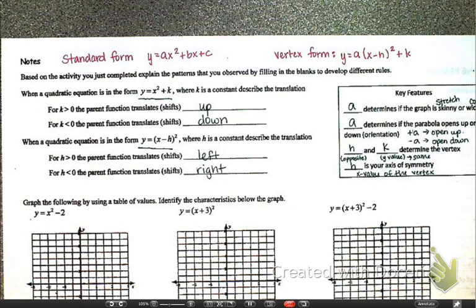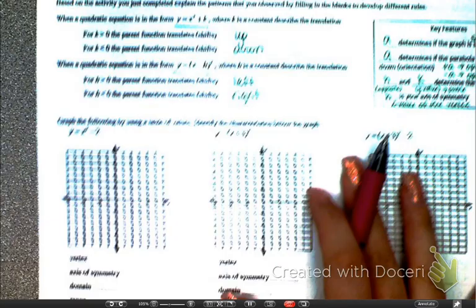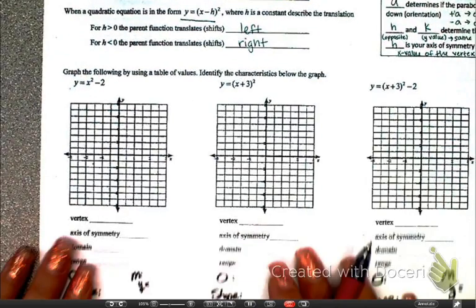The y value of the vertex, and it's always the same. How do I find the axis of symmetry? With my h. I look at my x value of the vertex. There is zero math to identify all those things. And if you can identify all of those features and your graph doesn't look like those features, something's wrong. Everything should match up. Okay, so before we even graph, we're going to identify some of this information.